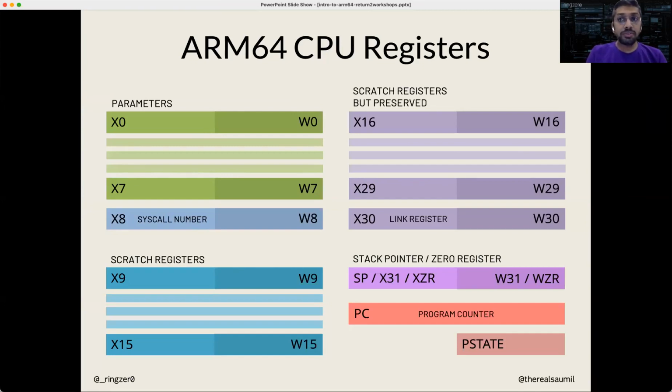Interestingly enough, you can also refer to them as R0 through R31, just like what you did on the 32-bit ARM CPUs. But in this case, it is preferred to use X0 because we do not want to confuse ourselves with whether it's 32 bits, whether it's 64 bits. Both X0 through X31 and R0 through R31 refer to 64 bits width.